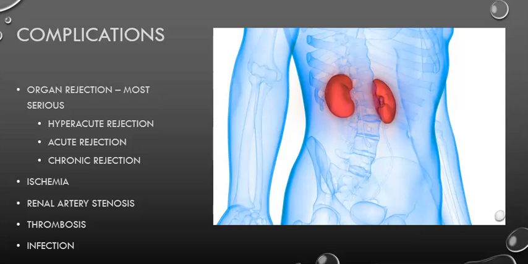And then also, if they have a thrombosis, a blood clot that forms in the major vessels, some of your nursing actions for that would be preparing them for emergency surgery, requiring removal of the transplanted kidney. You'll monitor and report any sudden urine output decrease. If they're having a decrease in urine output, it's usually from a stricture or obstruction from that blood clot. So you'll monitor that and make sure you document and chart real well.